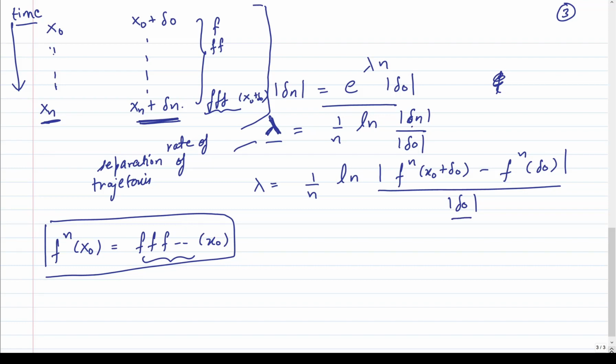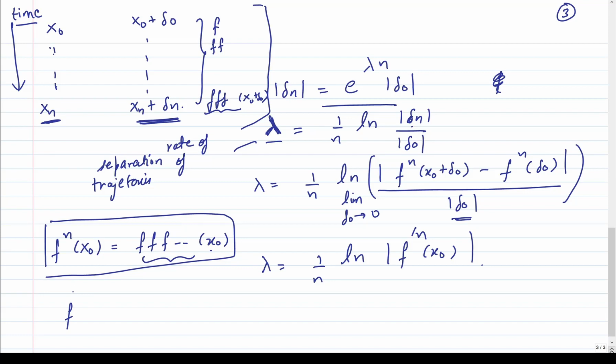So as the initial separation goes to 0, in the limit, let's say delta goes to 0, this becomes the derivative. So I get 1 over n logarithm of the derivative of the nth iteration of the map about x0, and that's what gives me the Lyapunov exponent. And I can apply the chain rule.